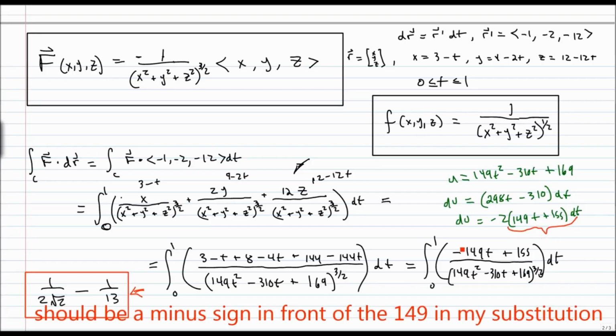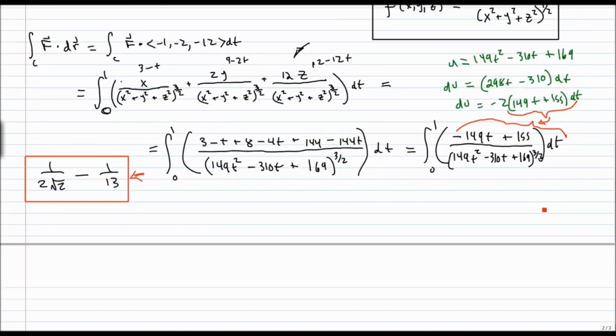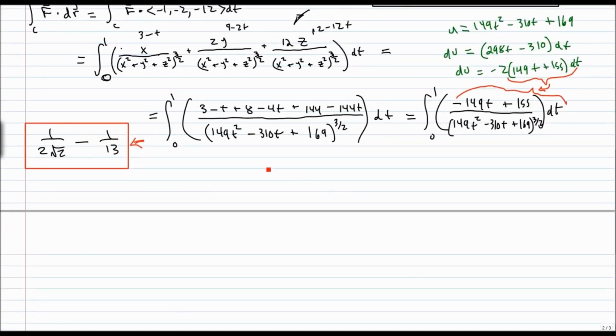These terms right here are found right here. So I can substitute in place of these guys here negative du over 2 to simplify this integral. And it simplifies quite nicely. My integral simplifies to this when I make this u substitution.